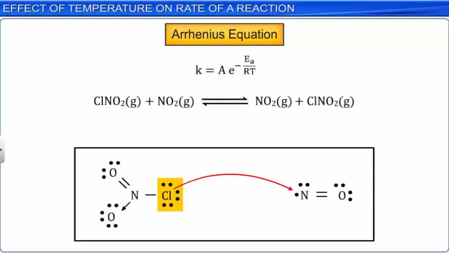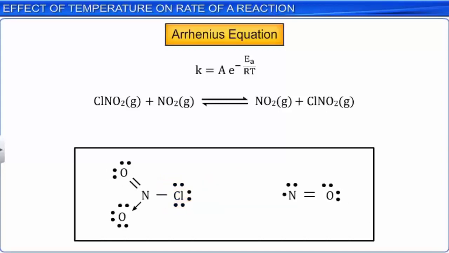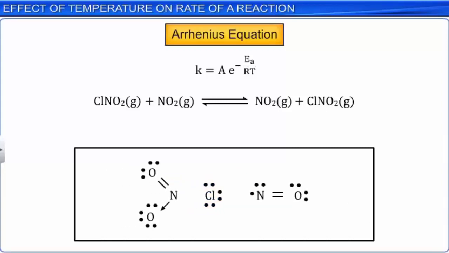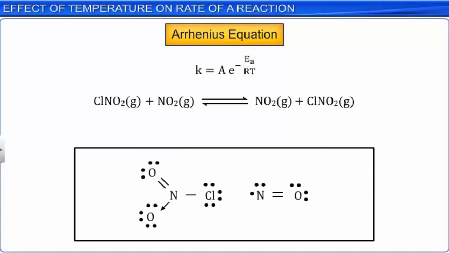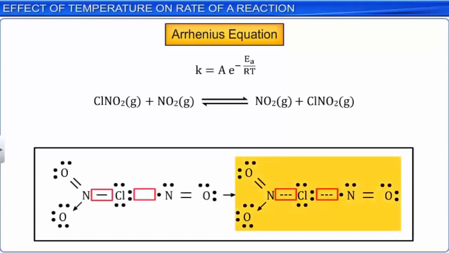According to the collision theory, in order for the reaction to occur, the nitrogen atom in NO must collide with the chlorine atom in ClNO2 with sufficient energy and the correct orientation. Before chlorine nitride and nitric oxide are converted into products, during which existing bonds break and new bonds are formed, they go through a highly unstable intermediate or transition state.